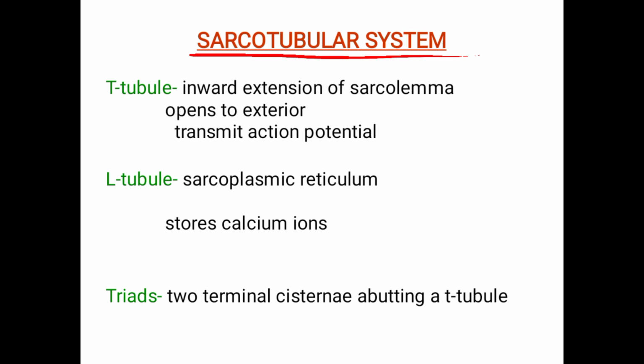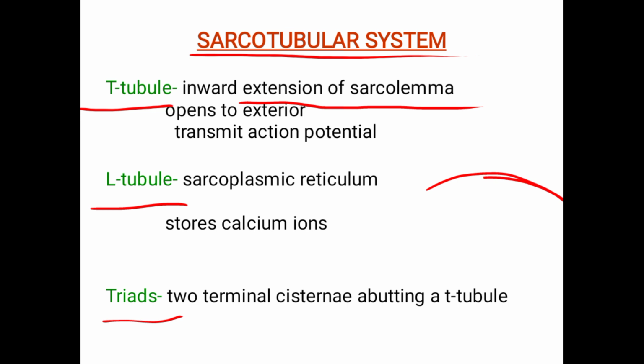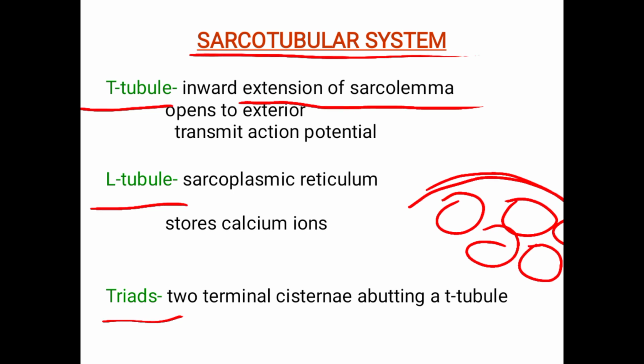The important parts are the T tubule, L tubule and triads. The T tubule is the inward extension of the sarcolemma. The sarcolemma is the outer covering, and inside it the muscle fibers are present in a bundle. In a single muscle bundle, many elongated muscle fibers are present.